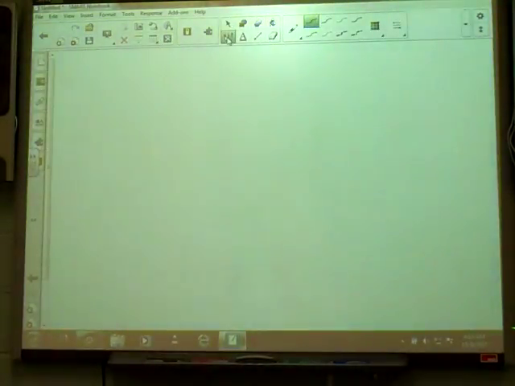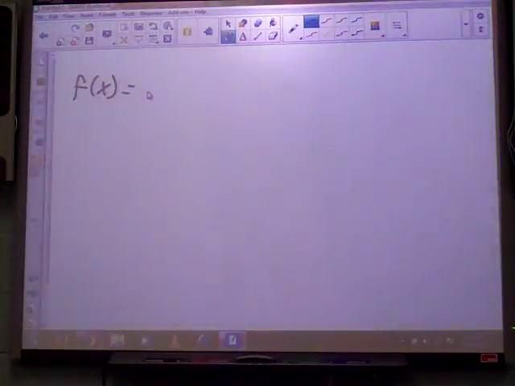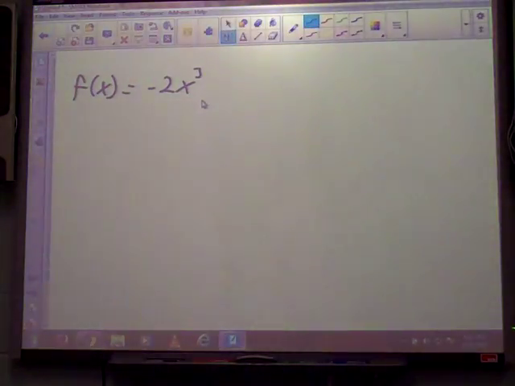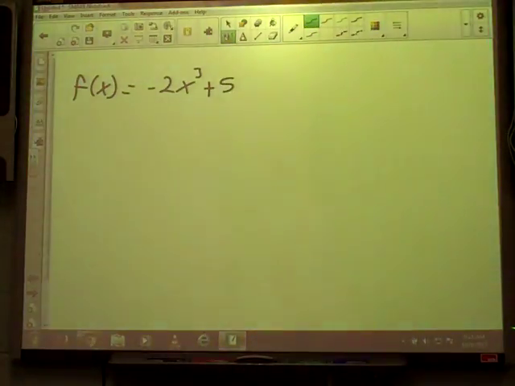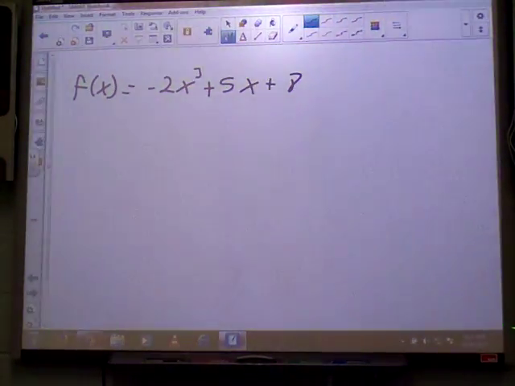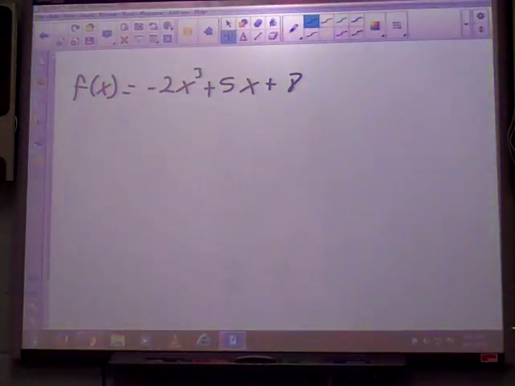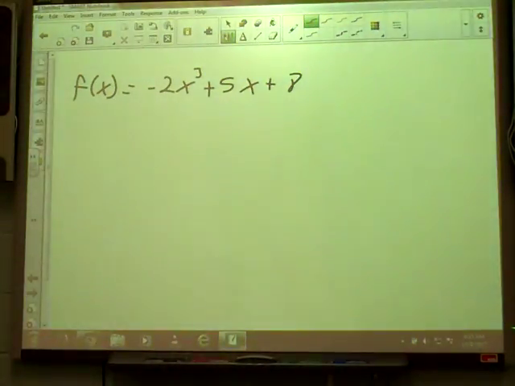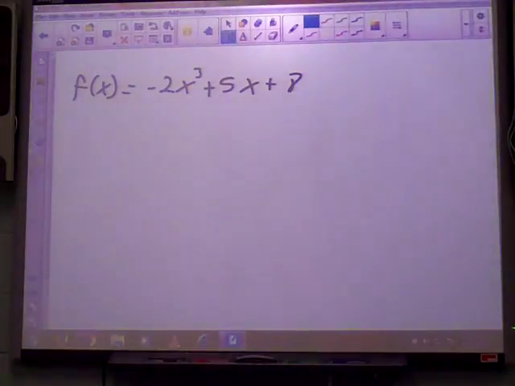Alright, so what I got here says f of x equals negative 2x cubed plus 5x plus 8. Our directions say to decide whether or not this is a polynomial function. If it is, write it in standard form, state its degree and its leading coefficient. All of those examples that you just copied down were polynomial functions.